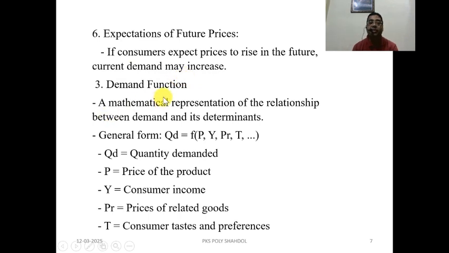Now, demand function: a mathematical representation of the relationship between demand and its determinants.